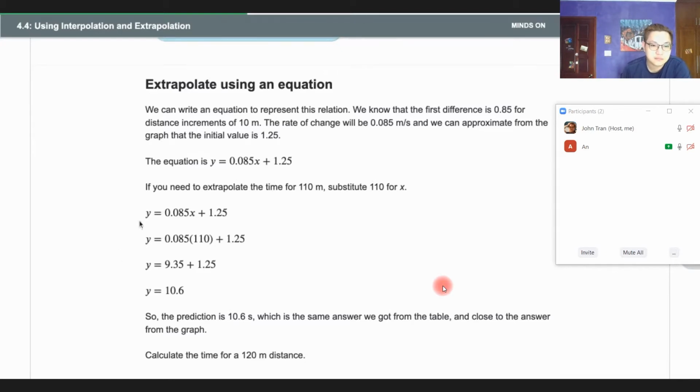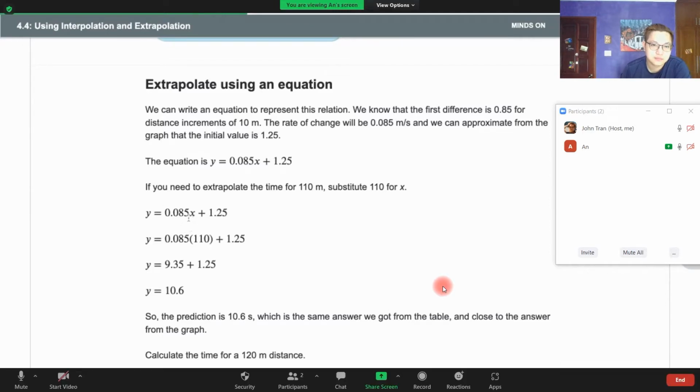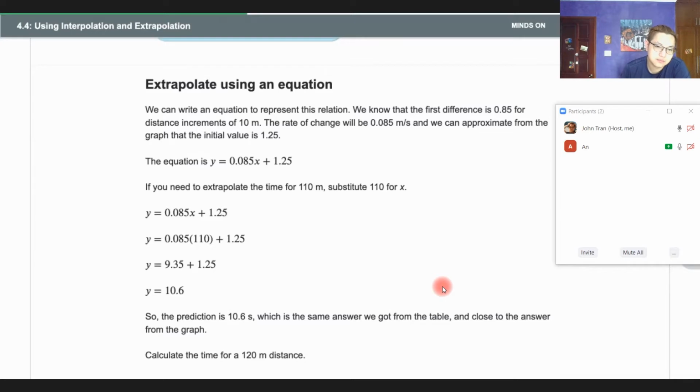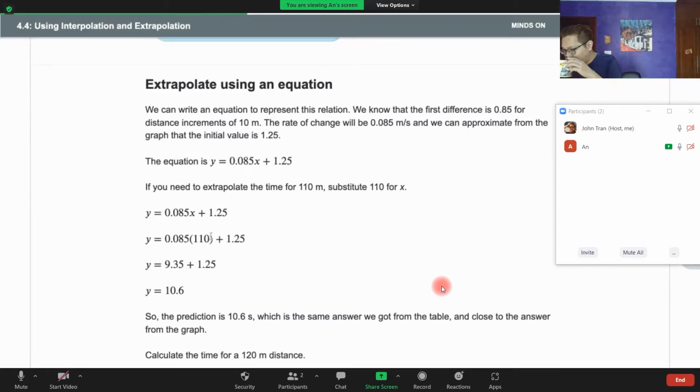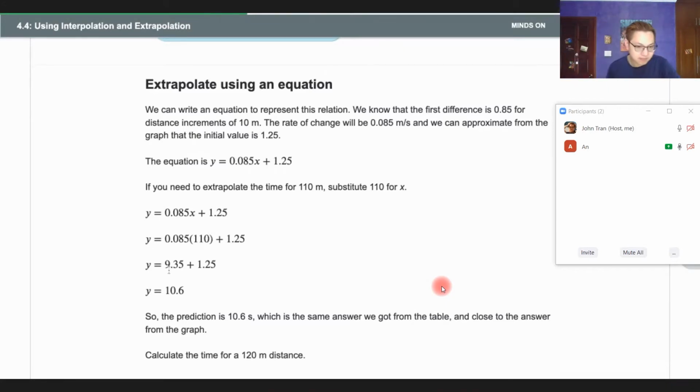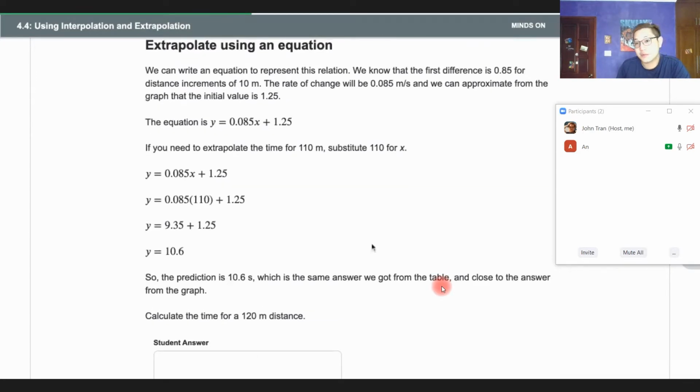So y equals 0.085 times 110, which is 9.35, and then plus 1.25, and you get 10.6 seconds. So with extrapolating using an equation, you have to find the equation first, and then put the values into it. So it requires one extra step.